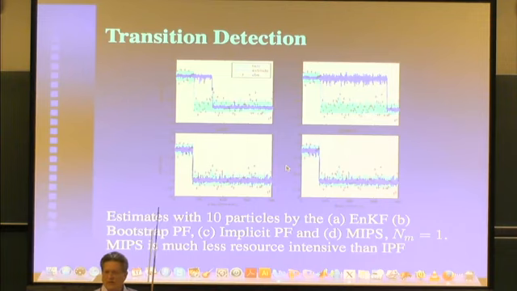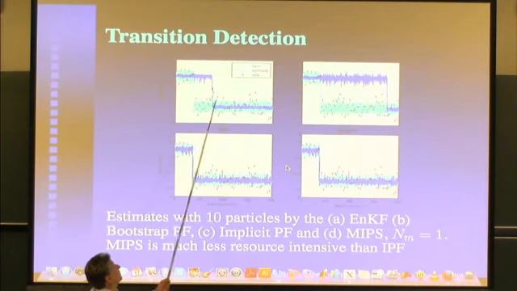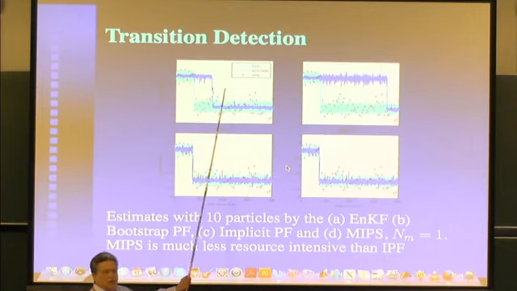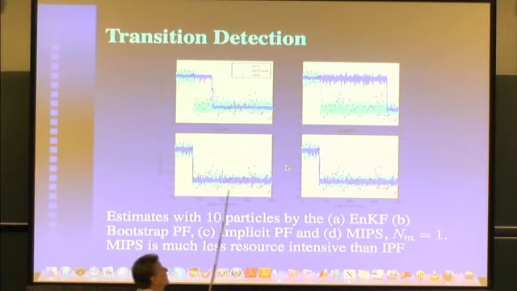Your estimate of the covariance is the sample covariance that you would calculate. And then from that you go ahead and do the Kalman filter. You see that the real system has undergone this transition, but the ensemble Kalman filter doesn't find out about it until there, because it took that long to have enough samples down in this other well before it could see it.